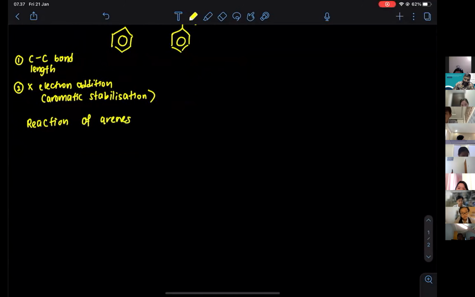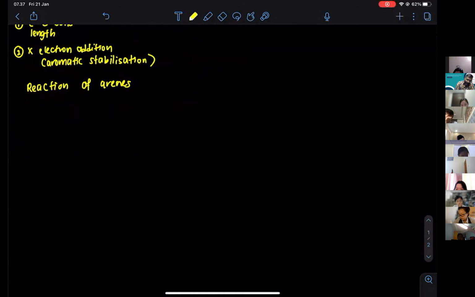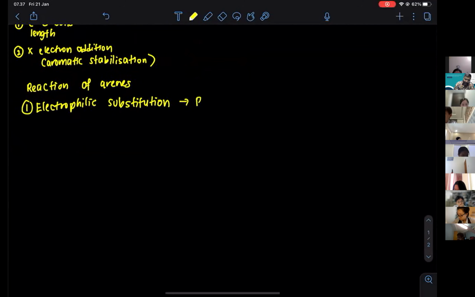We will start with, of course, the electrophilic substitution reaction, which we have learned. One is the reaction with Br2, and we learned about the reaction with Cl2.